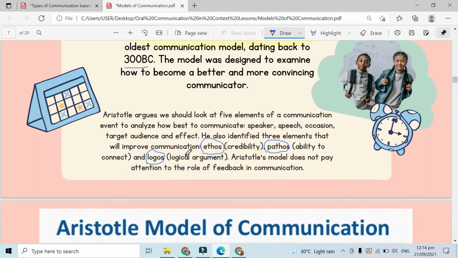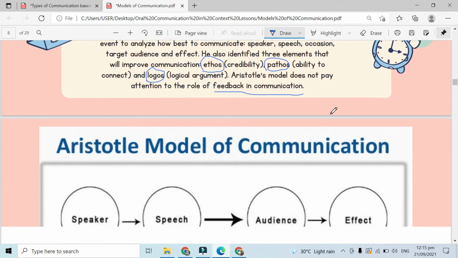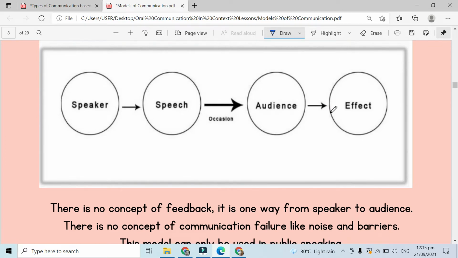Say for example, a person with credibility will be heard, and there is a connection between him and the audience because of the credibility, and how sensible his argument is. Aristotle's model does not pay attention to the role of feedback in communication, so there's no feedback. This is commonly used in public speaking. So the concept of feedback is not here. It is one way from speaker to the audience.